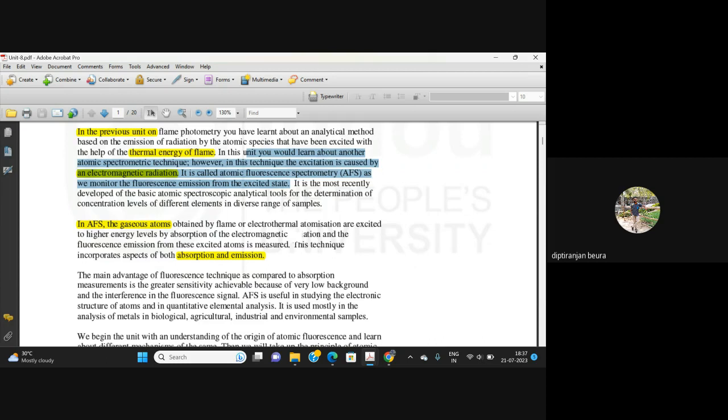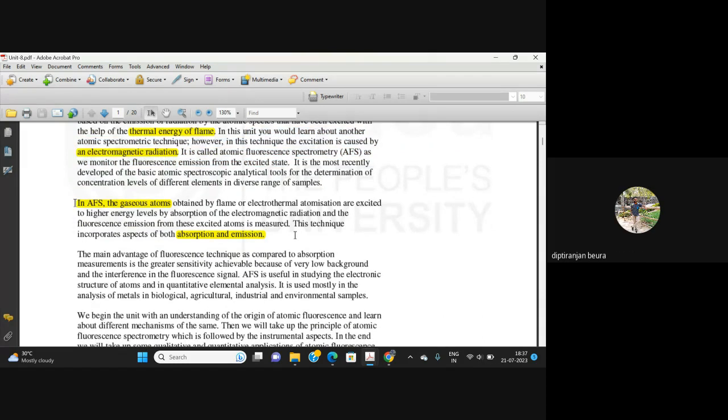In atomic fluorescence spectroscopy, the gaseous atoms obtained by flame or electrothermal atomization are excited to higher energy levels by absorption of electromagnetic radiation.